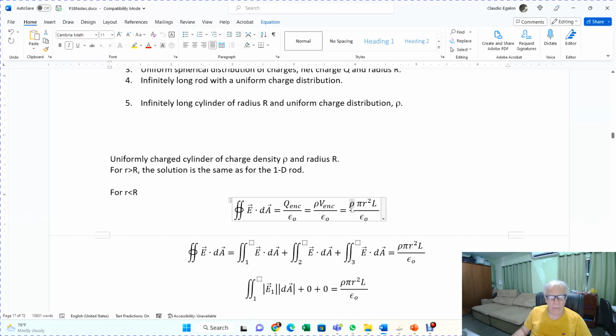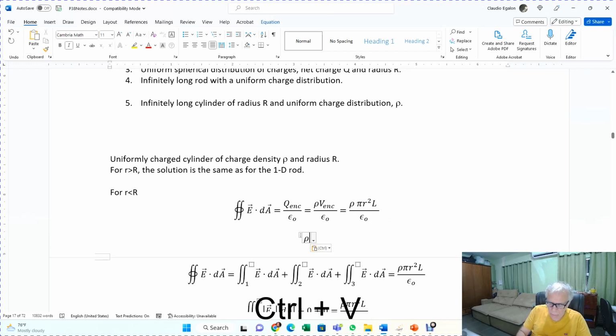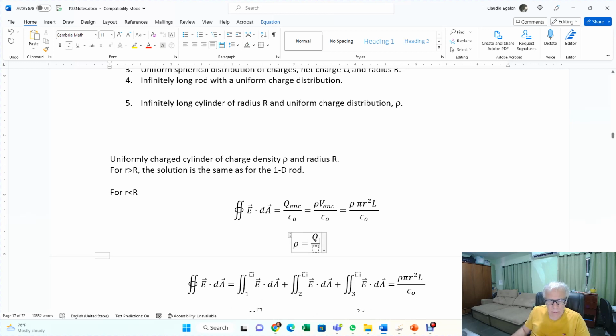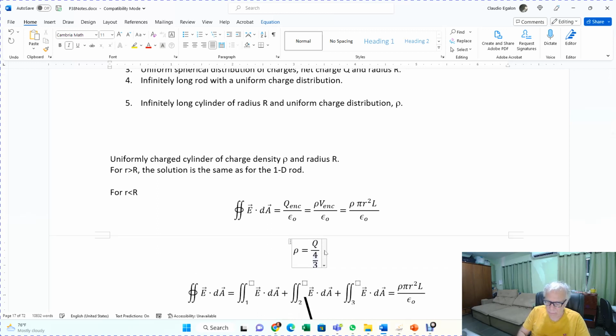This rho is going to be given by what? Since it's uniformly charged, rho is going to be given by Q divided by the volume of the cylinder, 4/3 pi r cubed. The cylinder has radius r. That's what my rho is all about.